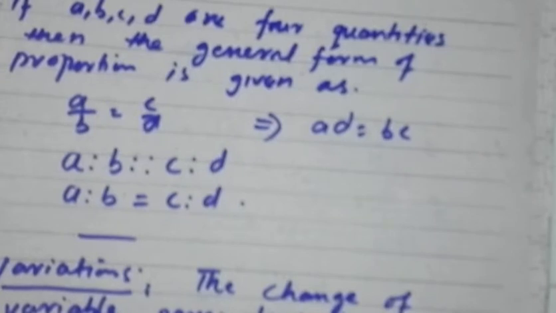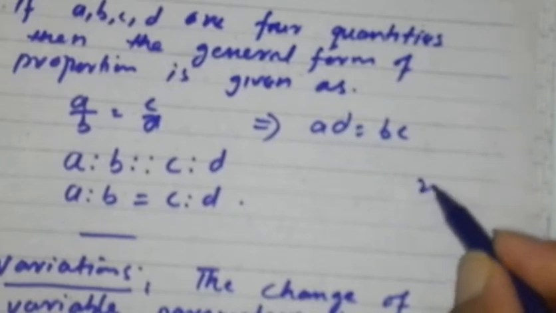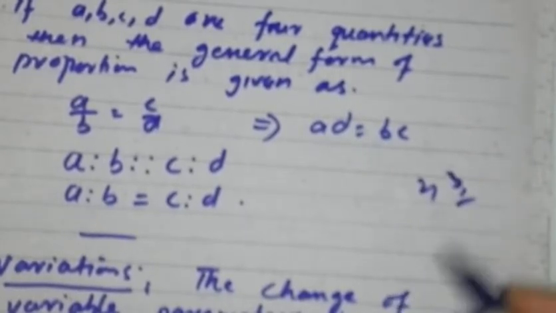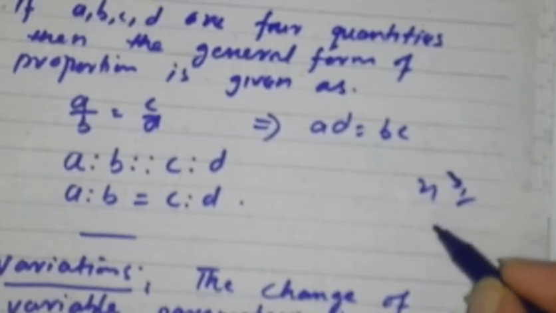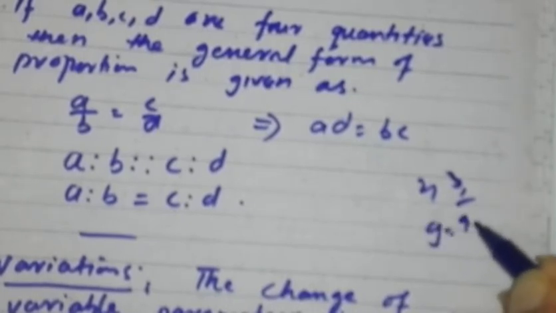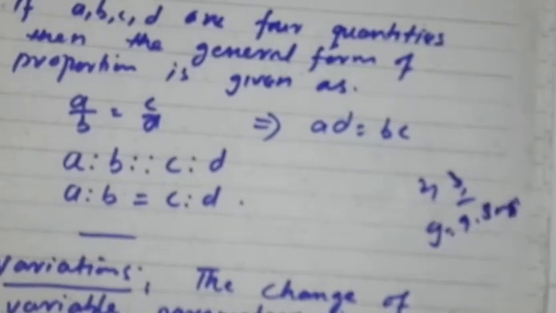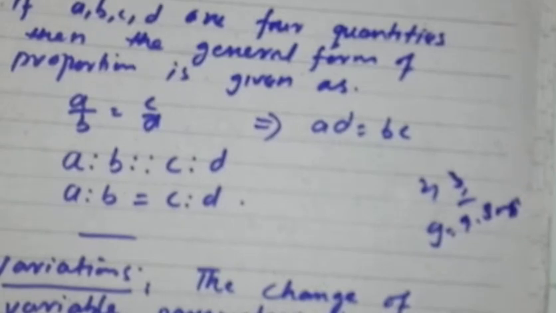For example, the value of pi is constant, or numbers such as 2, 3, etc. The value of g near the surface of Earth is 9.8 meters per second squared, which is also constant near the surface of Earth. With altitude it changes, but this value is constant near the surface of Earth.